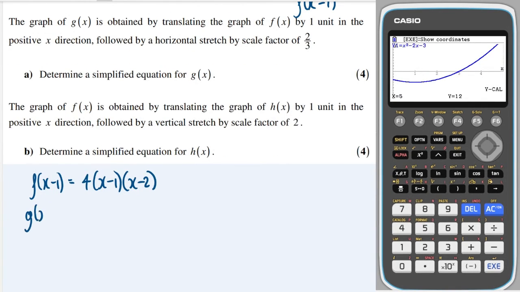So g of x is going to equal, multiplying inside the bracket by 3 over 2, f of 3 over 2 of x minus 1. So I need to multiply all of these x's by 3 over 2. So it becomes 3 over 2x minus 1 and 3 over 2x minus 2.